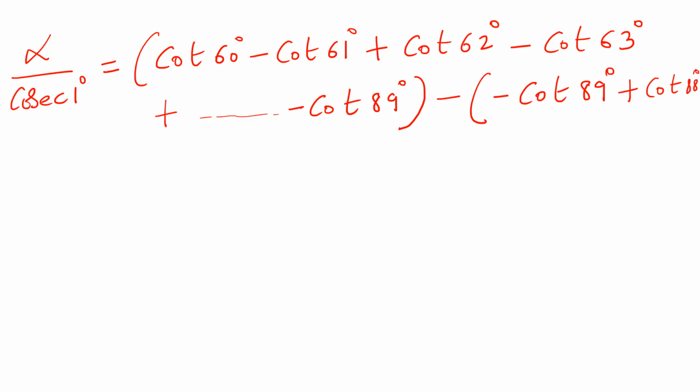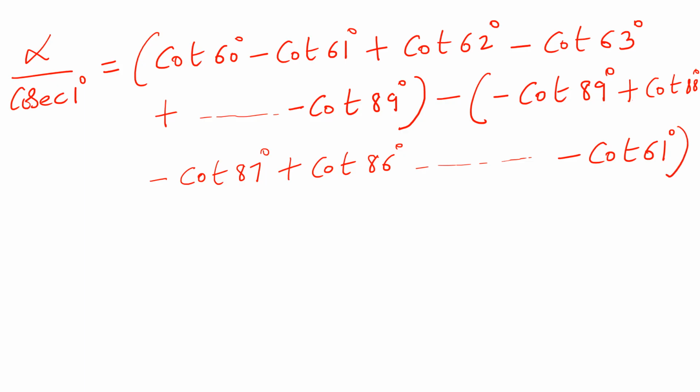And so on. That means the next term is going to be minus cot 87 degree plus cot 86 degree and so on till the last term of this group is plus cot 119 degree, which is actually cot of (180 minus 61 degree). And this is nothing but minus cot 61 degree.